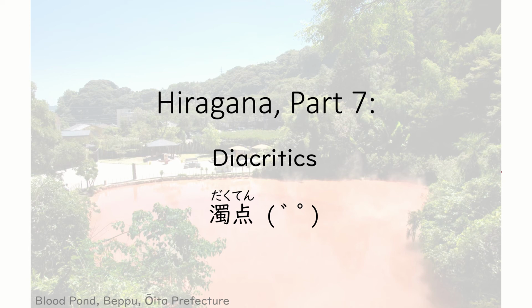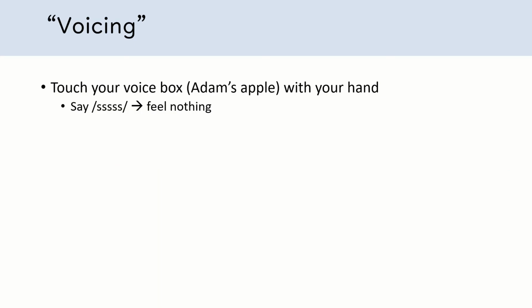では, so, first of all, I want to sort of explain a concept called voicing. Try, if you will, to touch your voice box. For men, that's often called your Adam's apple, but it's the part of your throat where you can feel it moving when you speak. If you hold it and you just say "s," you probably feel nothing.